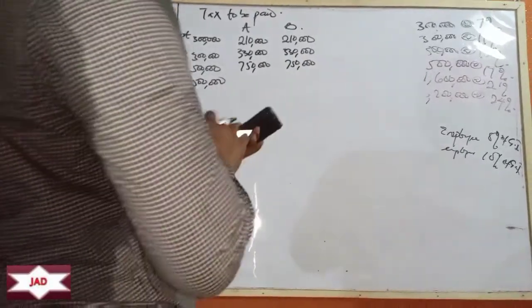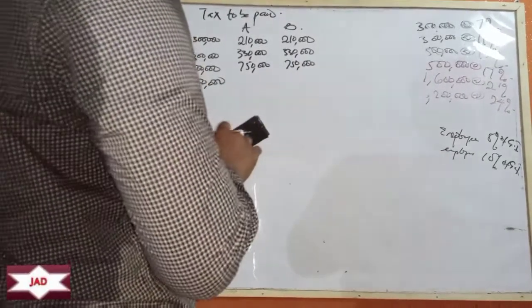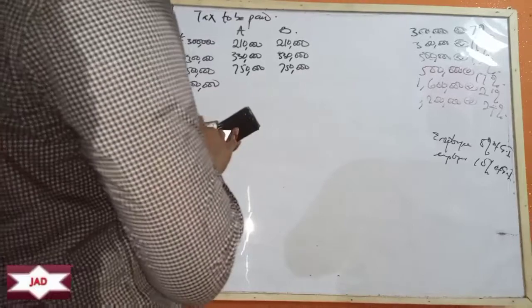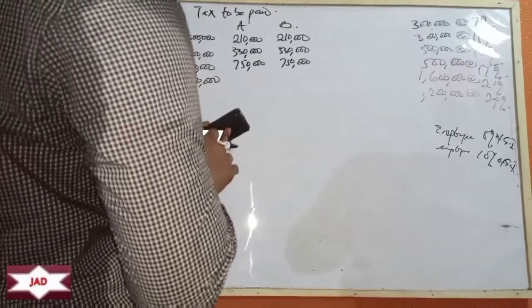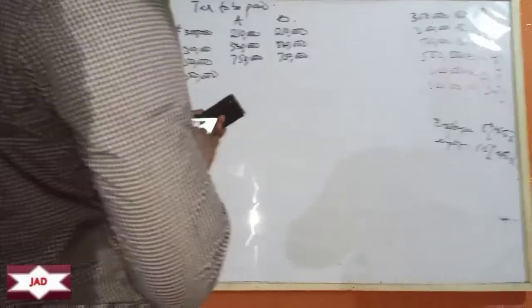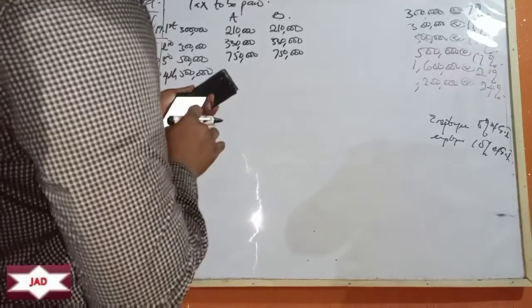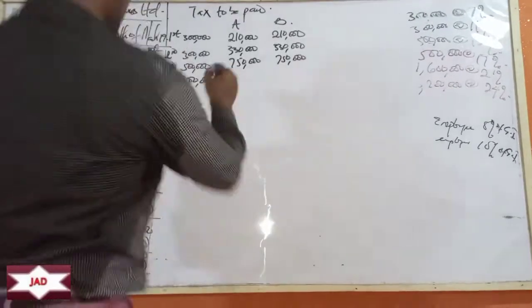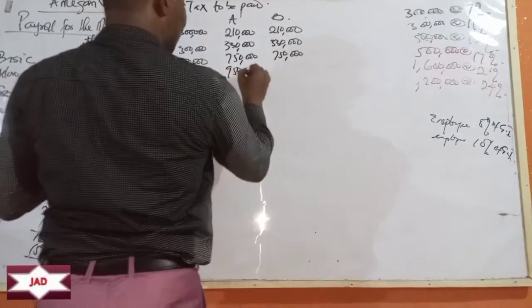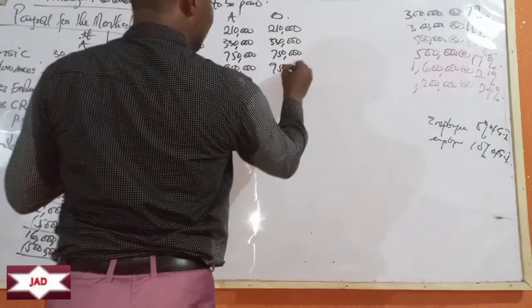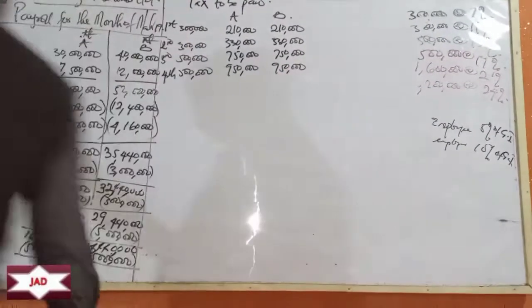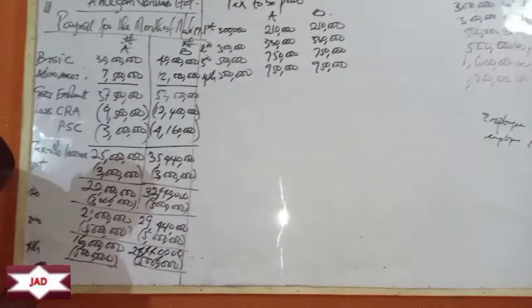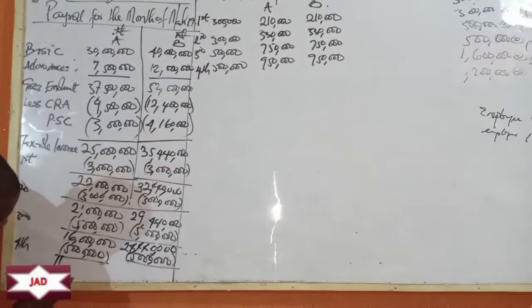So we have 0.19 times 500,000, and 95,000 times 10, 950,000. So we have 950,000. So if we take this off, I think you have 11 million.